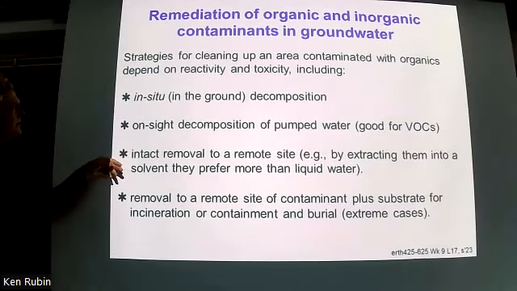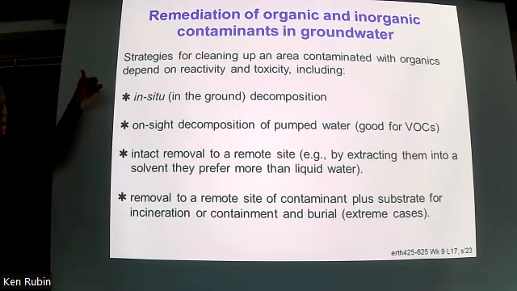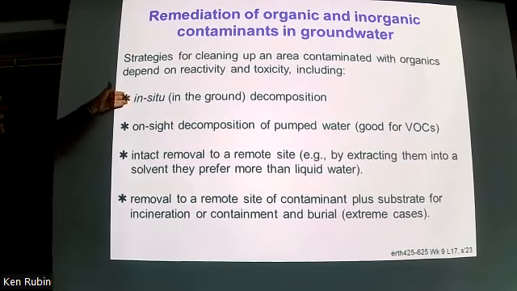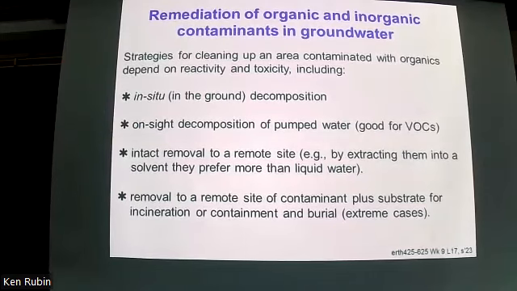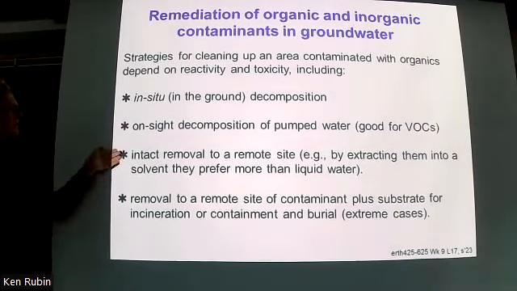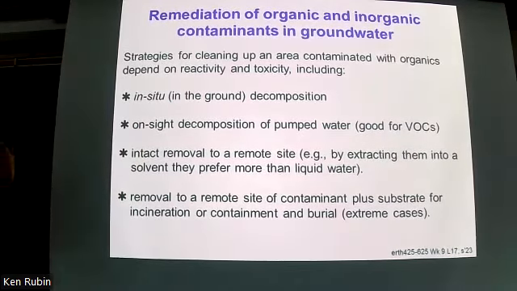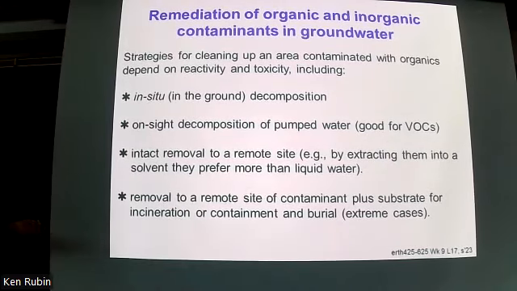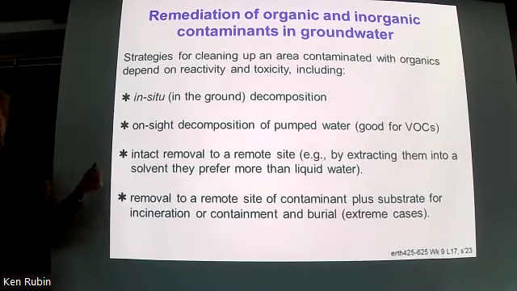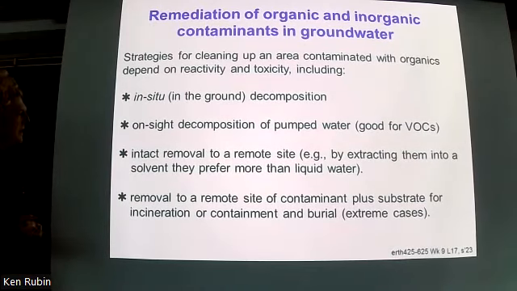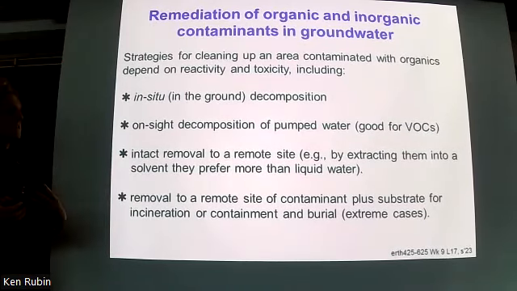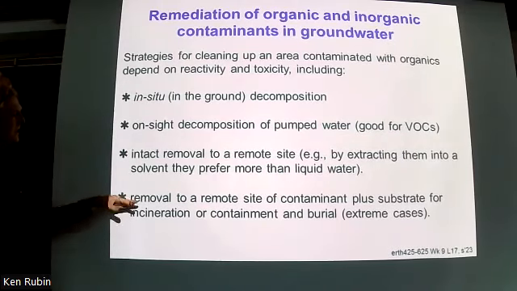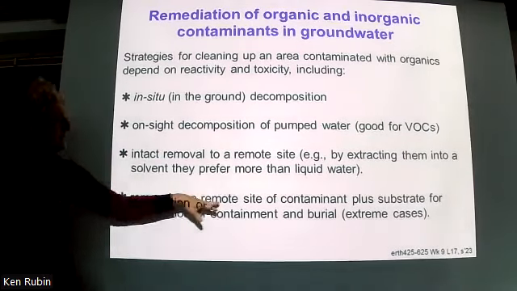Sometimes the contamination is so intractable that it doesn't degrade enough or fast enough on site, and you can't even really pump it out with the water. And so in this case, you have to remove the stuff from the ground. And this can be done, again, by pumping like a solvent or a surfactant into the ground, sucking it out and then trucking it away to somewhere else. And the kind of most intense remediation is to remove the contaminant and the substrate.